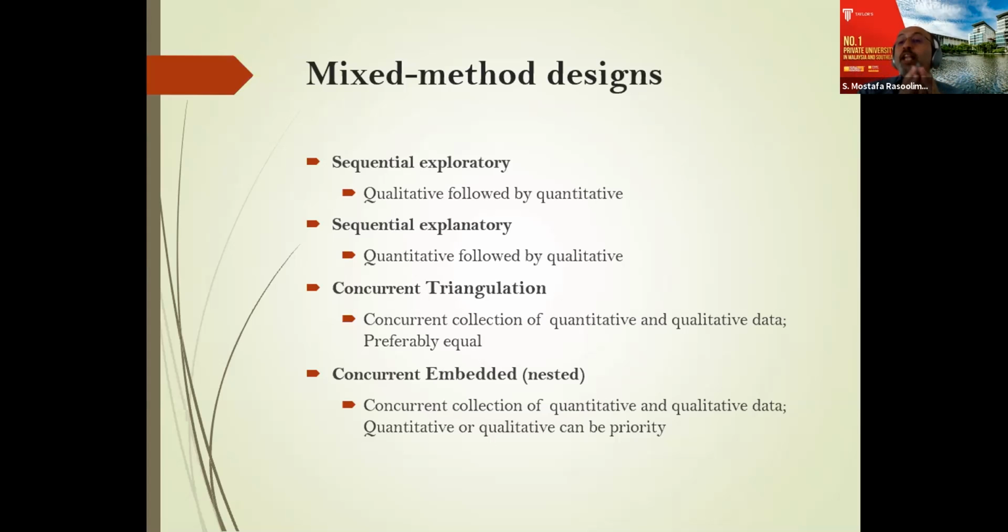When we say qualitative comes first for sequential exploratory, it means most of the time qualitative is dominant, but not always. Sometimes, even for sequential exploratory, we can give equal weight to qualitative and quantitative.